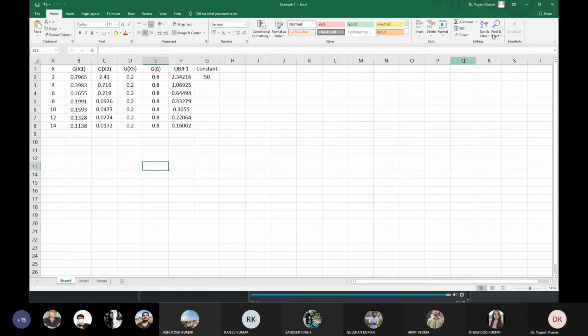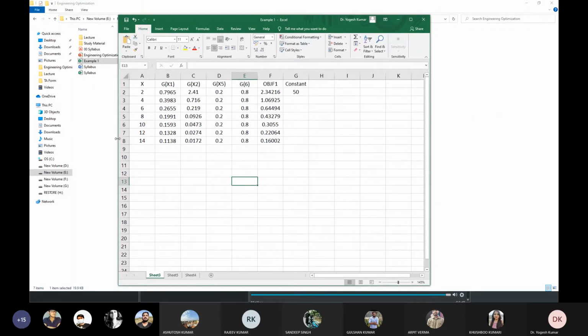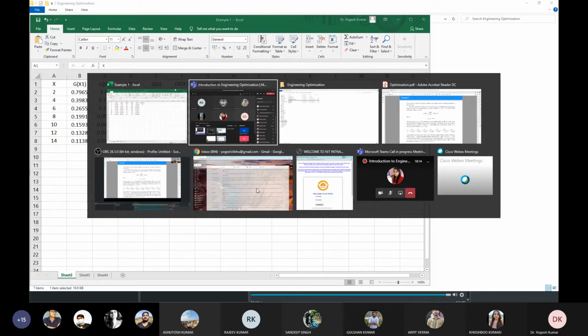Okay, right now I have shared my entire screen. Here you can see the corresponding values of x1 were 2, 4, 6, 8, 10, 12, 14. These are corresponding to x1. I have entered them in advance so that it takes less time.